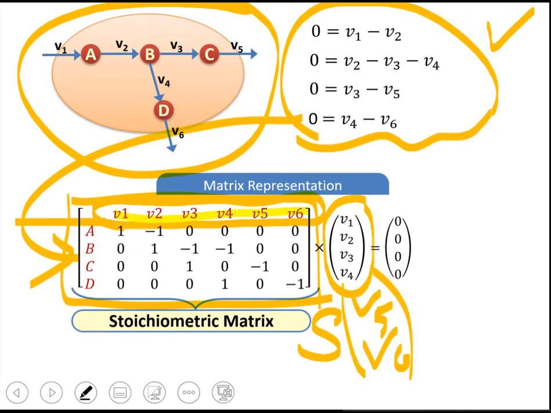And then the right side, the other side of the equations, will be a 4×1 vector with all zeros. The first equation is equal to 0, the second equation is equal to 0, the third equation is equal to 0, and the fourth equation is equal to 0.